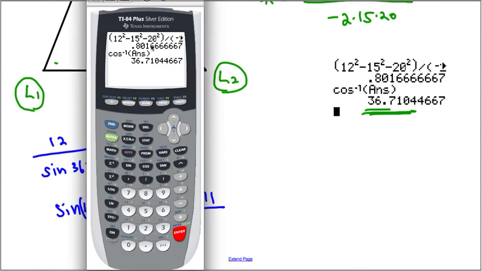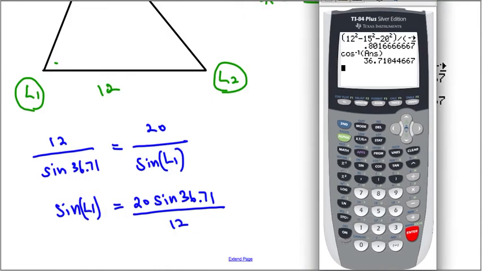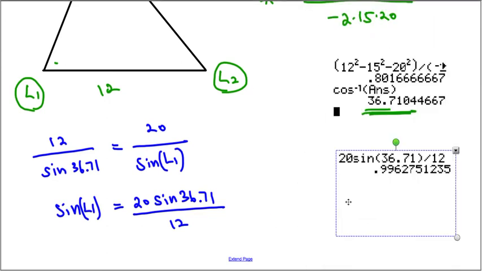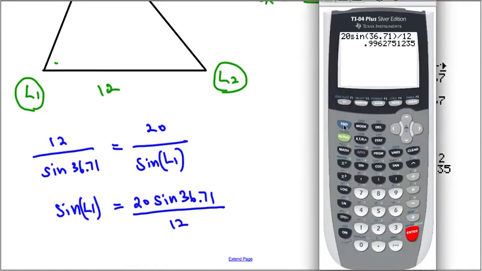Let's figure this portion. 20 times sine of 36.71 and divide entire thing by 12. That's the value that we end up getting actually, and then we're gonna go for arc sine.